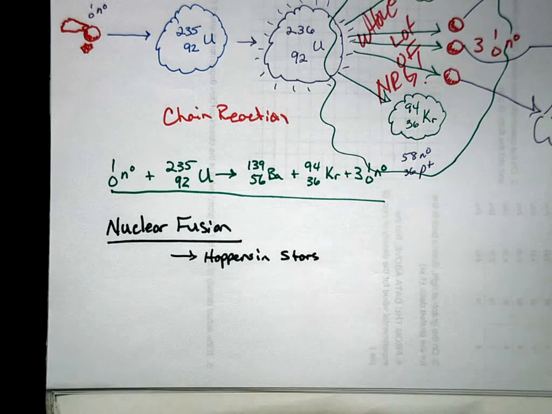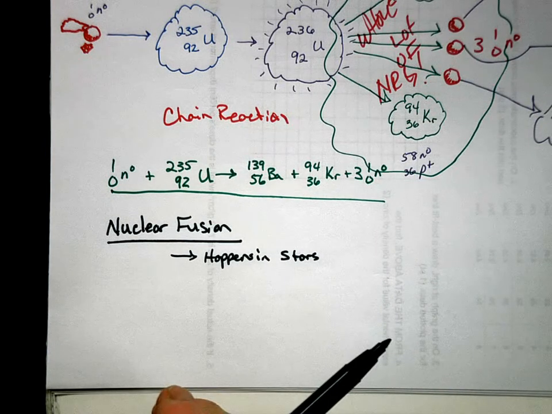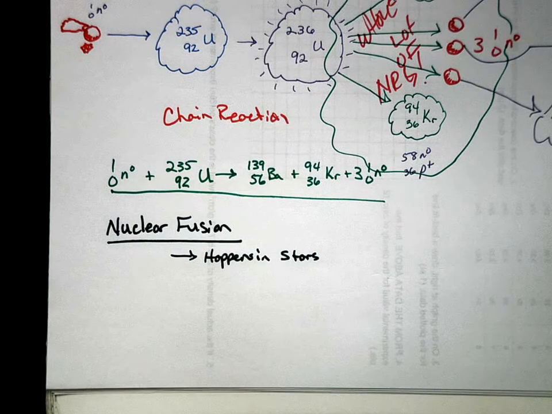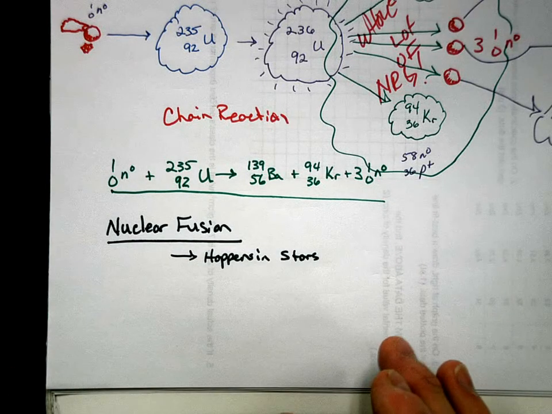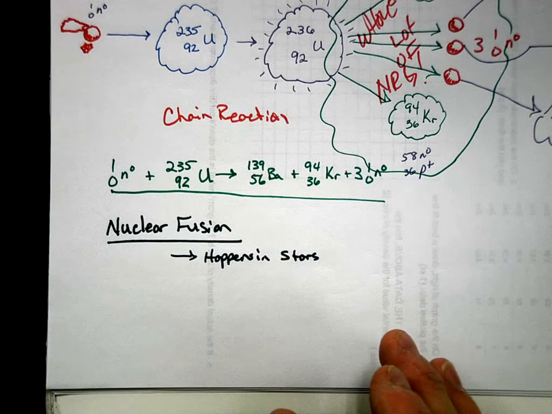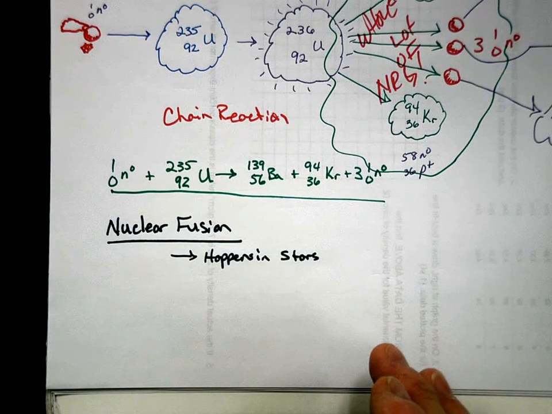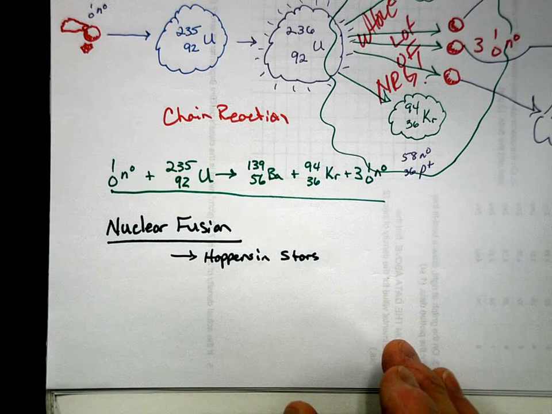Not only does it happen in stars, it is what makes stars. You go outside and see that bright circle in the sky. You are looking at a continuous nuclear fusion reaction that has been going on for about 13 billion years.